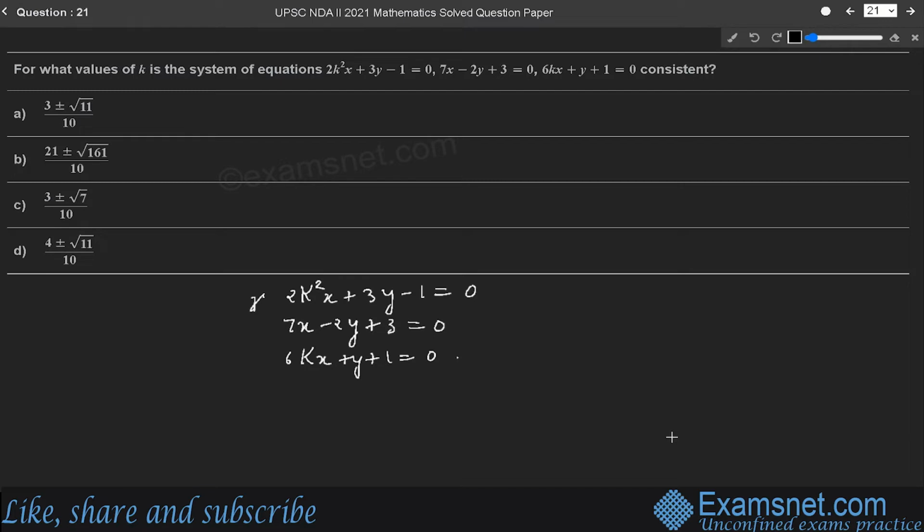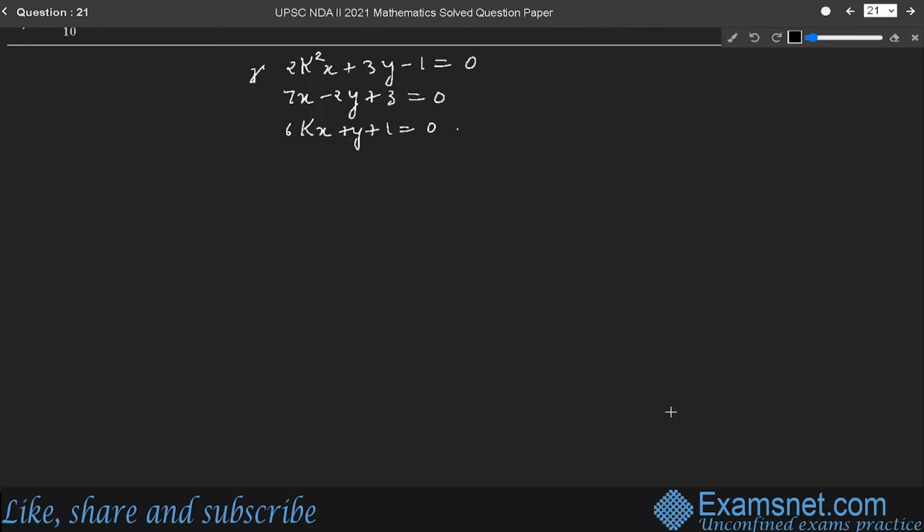So for consistency, the determinant formed by the equations must be zero. So let us form a determinant from the equations. It will be rows 2k², 3, -1; 7, -2, 3; and 6k, 1, 1. It will be equal to 0.